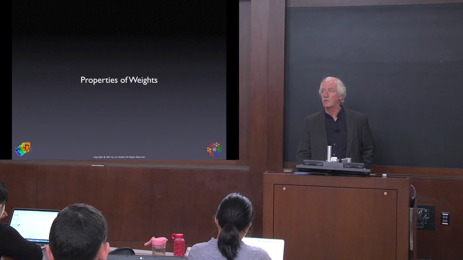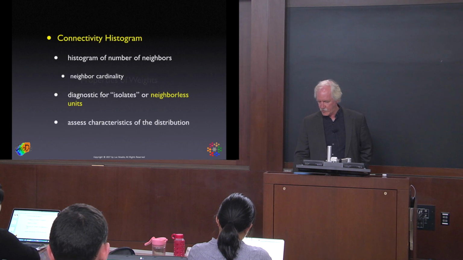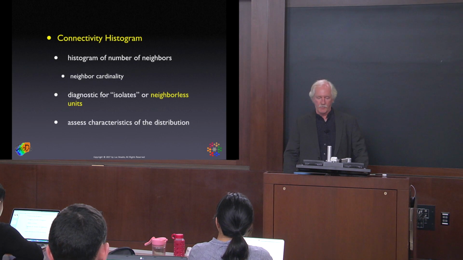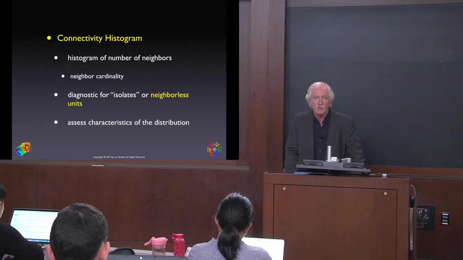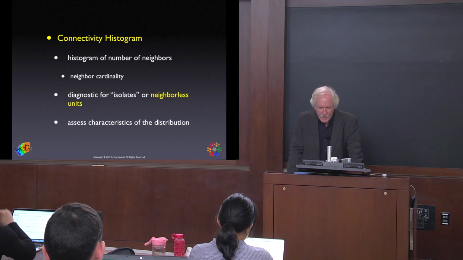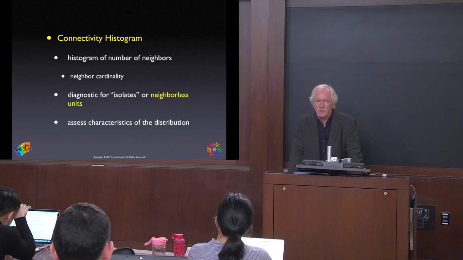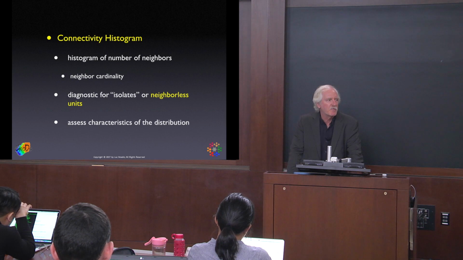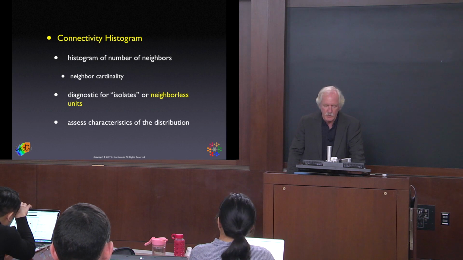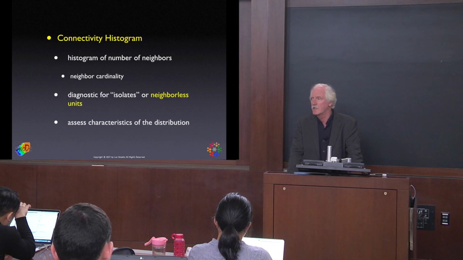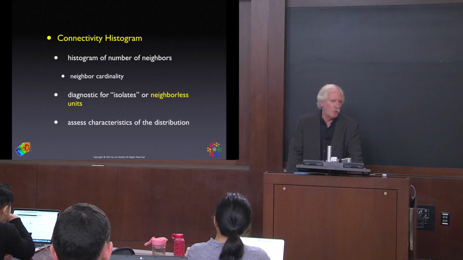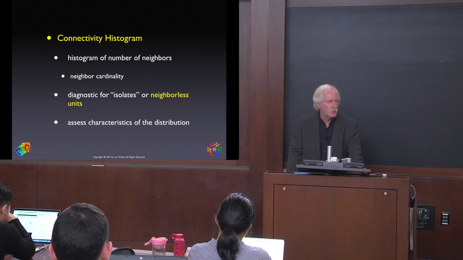Then finally, the properties of weights. We can summarize the properties of the weights in a histogram or in a map. Basically, what we're looking for is the distribution of the number of weights, the neighbor cardinality. How many observations have one neighbor? How many observations have two neighbors?